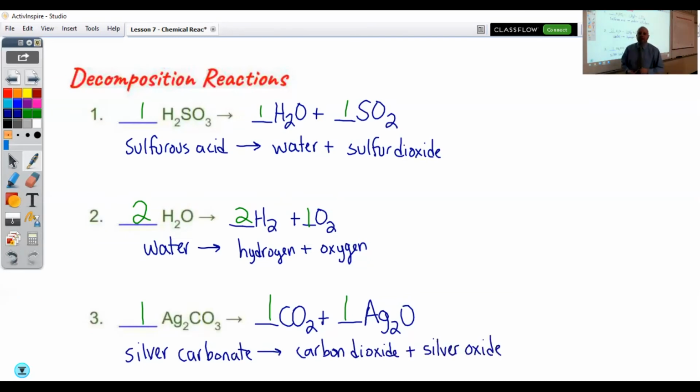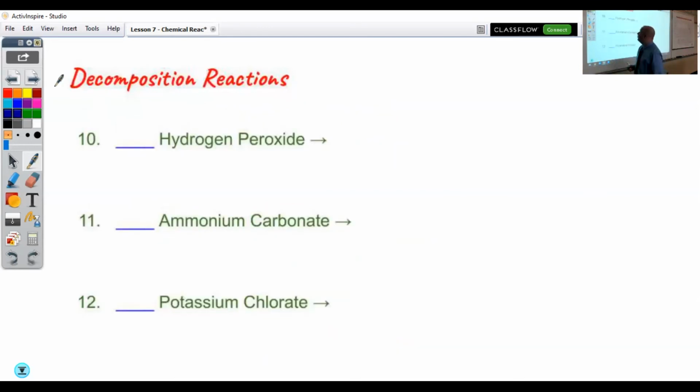Okay, let's take a look at some equations in word format. So in this case, we have 3 different word format equations. So in the first one, we have hydrogen peroxide. So we did this as one of our demonstrations. We said that hydrogen peroxide broke down into water plus oxygen gas.